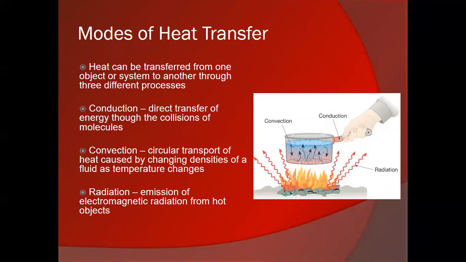Basically, we define 3 different ways which we can transfer heat from one object to another. So you want to heat up your room, okay? You can do it through convection. That would be, for instance, like a radiator, okay? You can heat it through conduction.